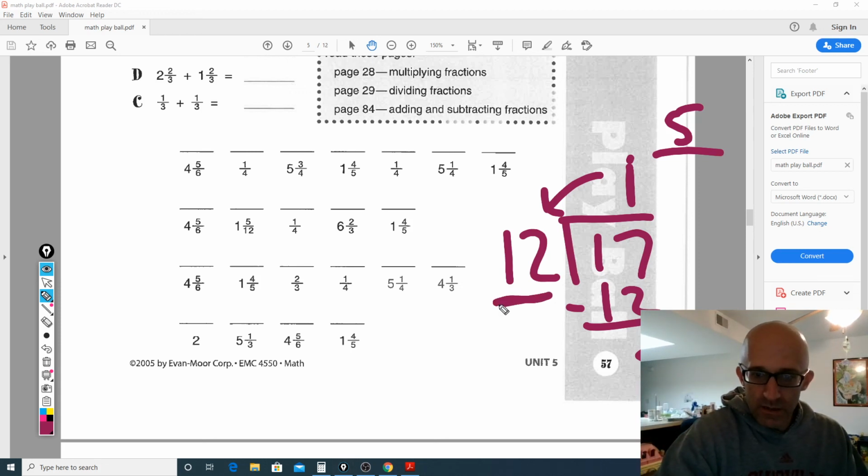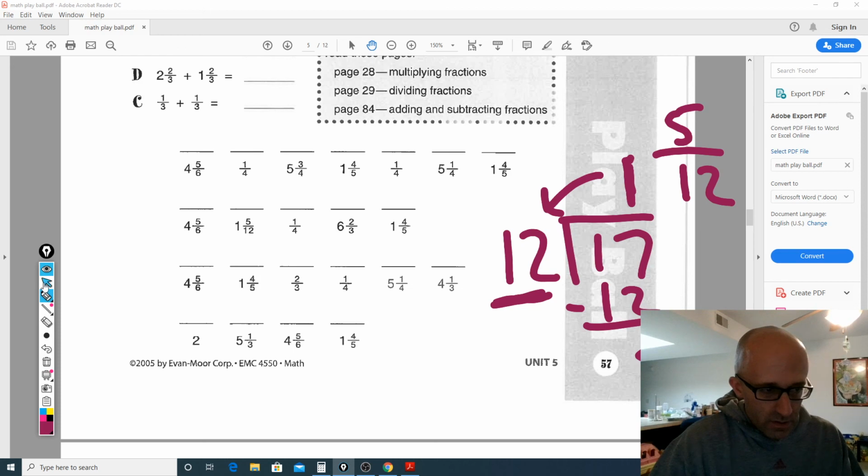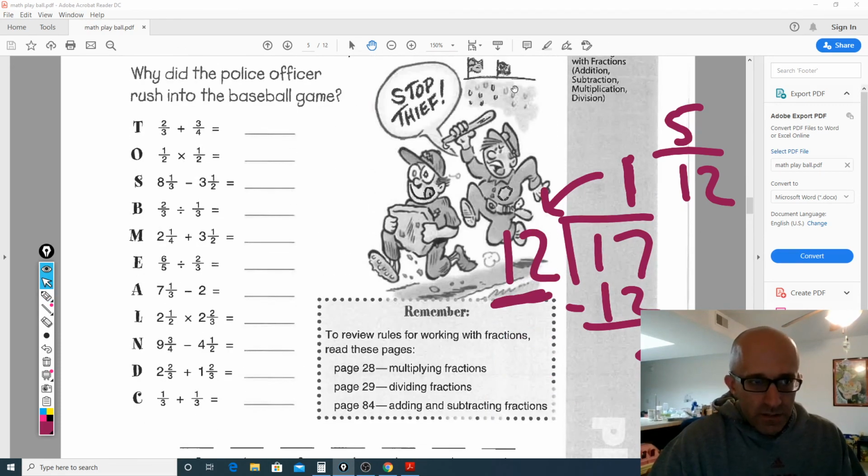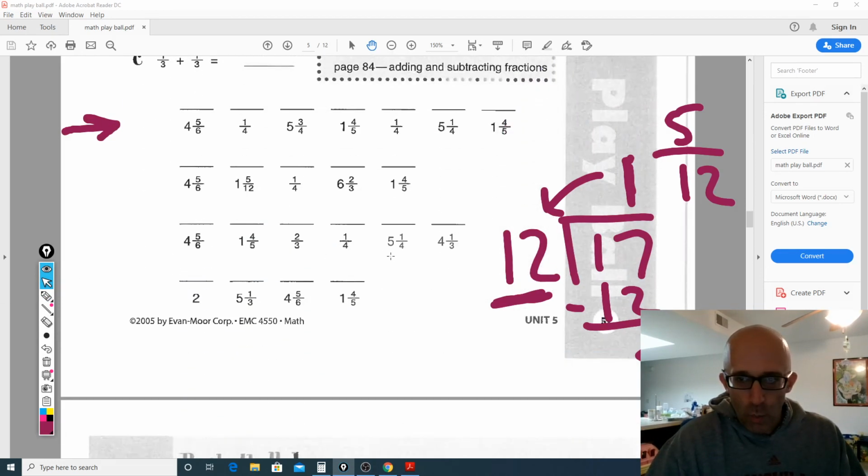You then bring this term over to be your denominator. So your answer to 2/3 plus 3/4 is going to be 1 and 5/12.